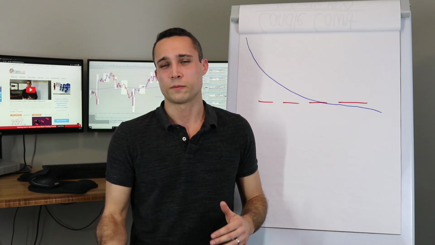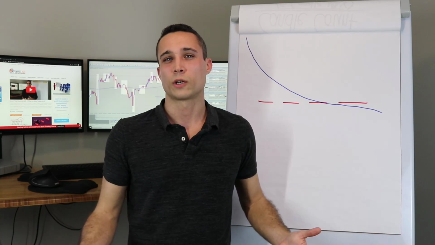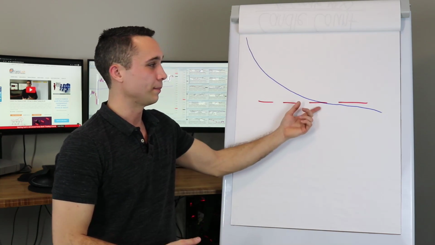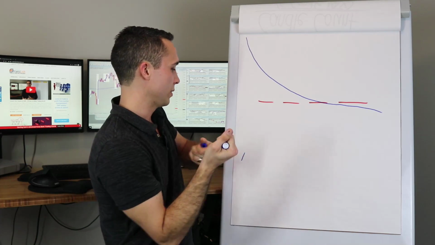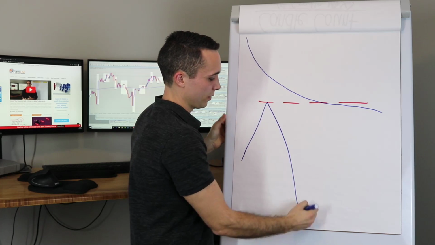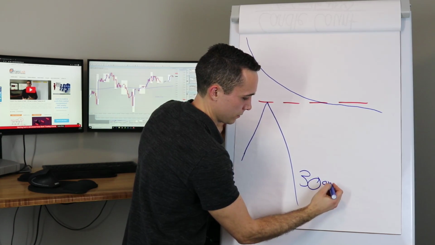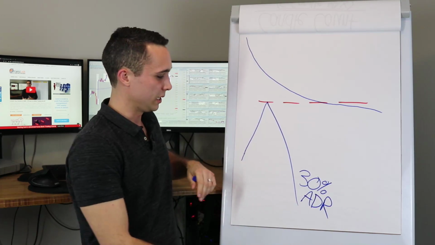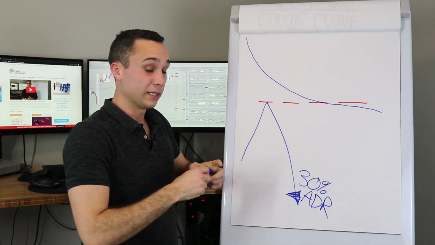Any of those other factors mentioned in the previous video on selection of manipulation points is what I term a supporting factor. So don't use it as a standalone. Use it as something to support a level that already had a reason for being there. So wherever that market came in and then produced a 30% of the ADR run off of that level, at the very least.